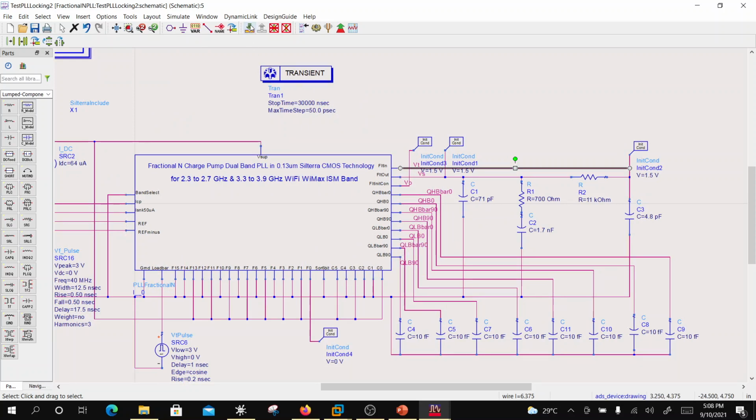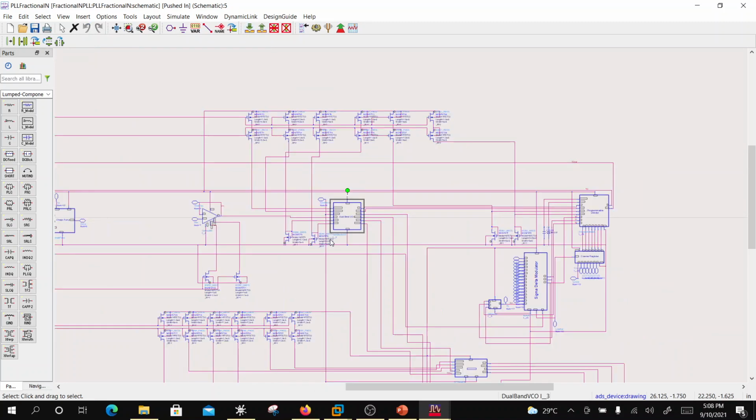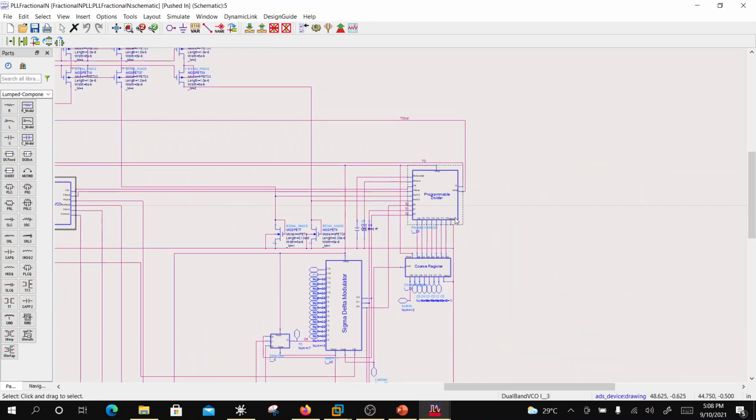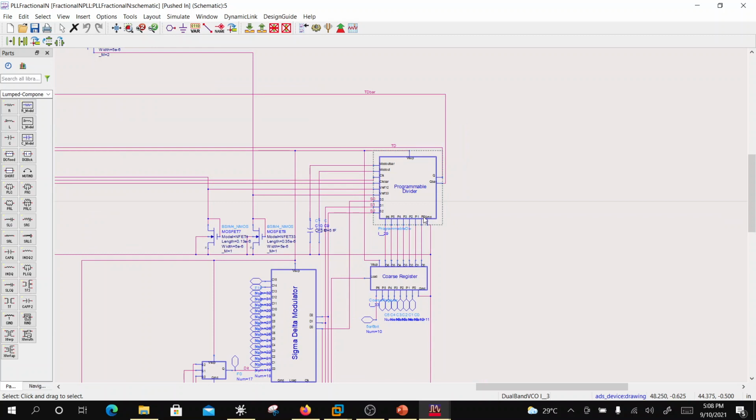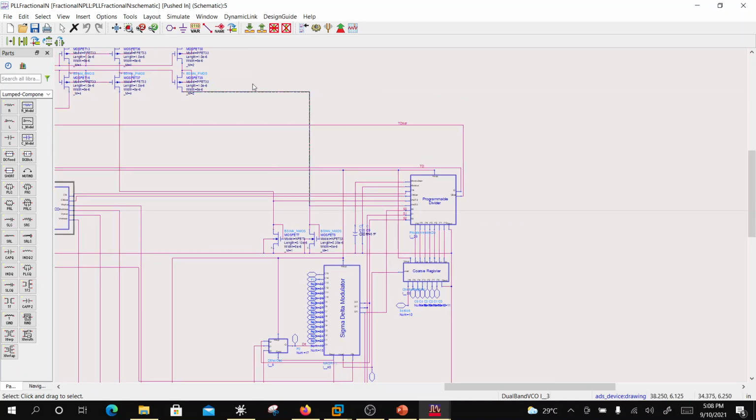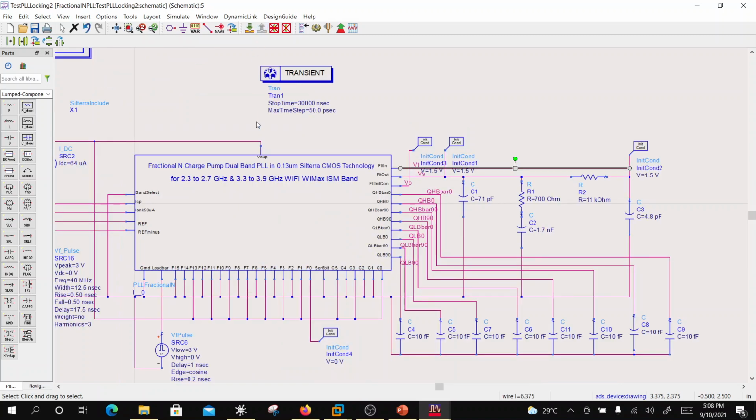Basically you are going to get the output frequency, and these are the outputs of the divider. So you are not only getting one frequency, but you will be getting I, I bar, Q, Q bar. Coarse input, fine input. Okay, so this is your quadrature.